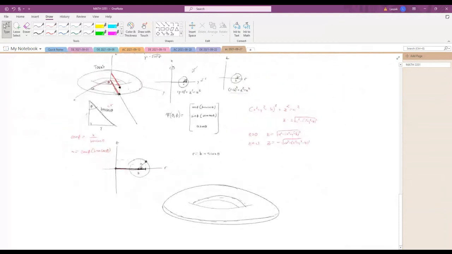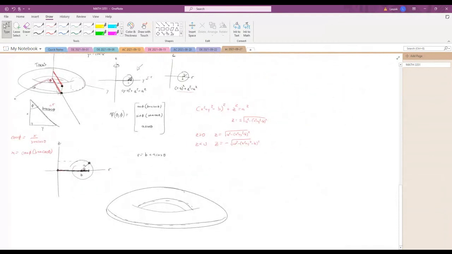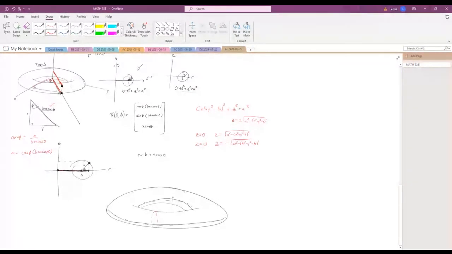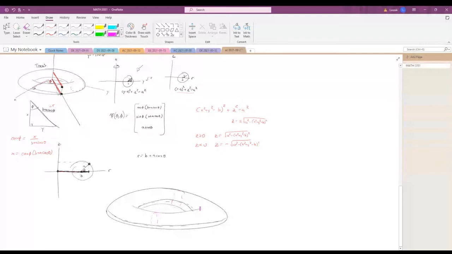But for example, we can cover the part where y is positive, right? So that's going to be this part of the donut. Draw it. Here's the cutoff. So it's just this part of the donut here. Well, you know what I mean?